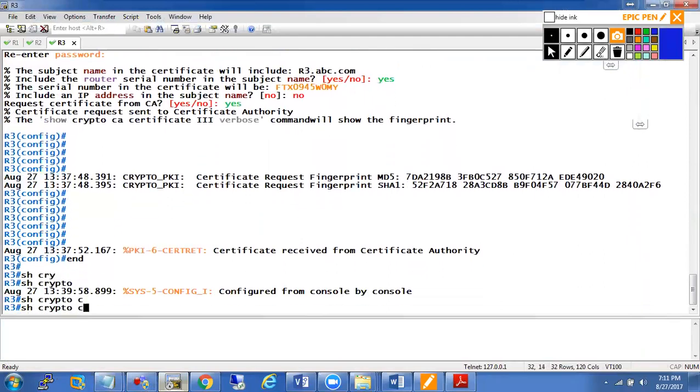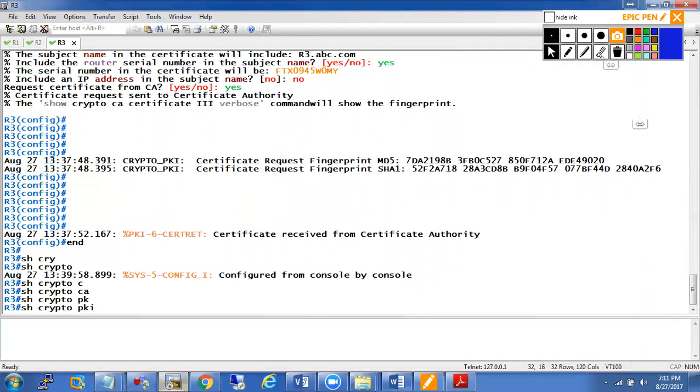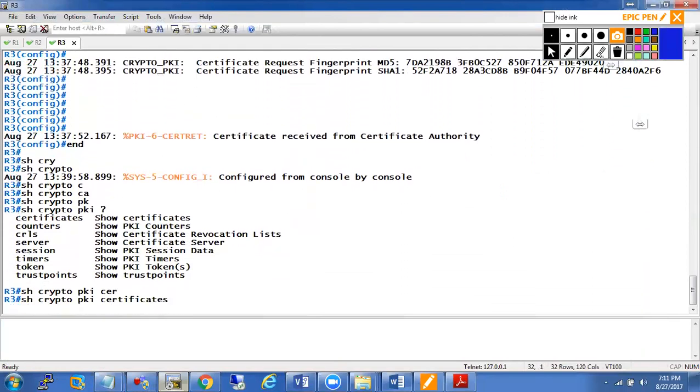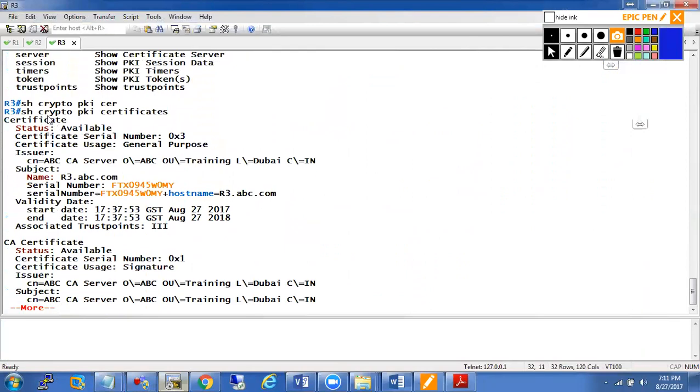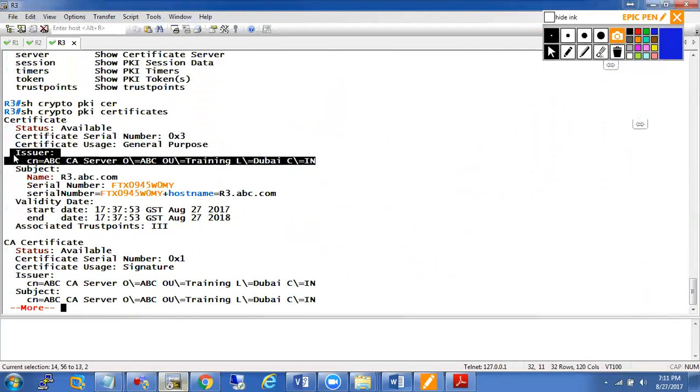Show crypto CA. They've changed the syntax in some of these to PKI certificate to CA certificates. So this is your certificate. This is your general purpose certificate. This is the issuer. This is my key that was generated by this particular CS server, ABC CS server.